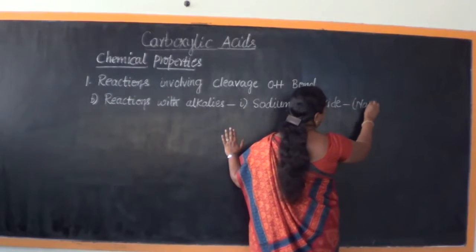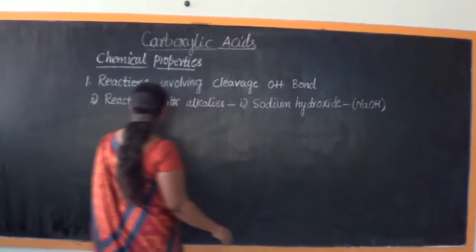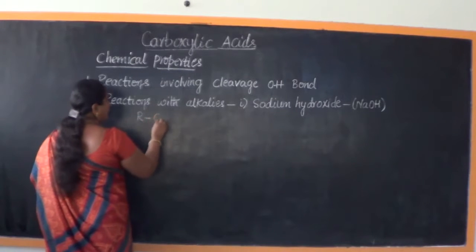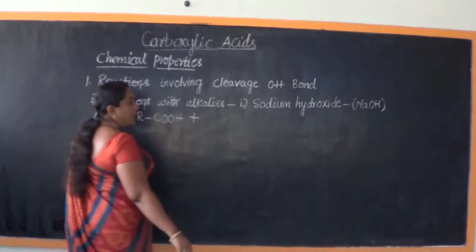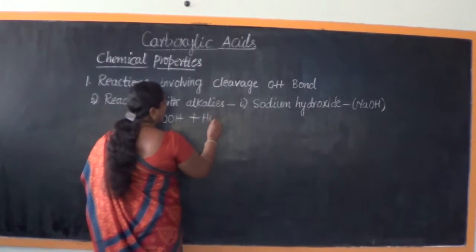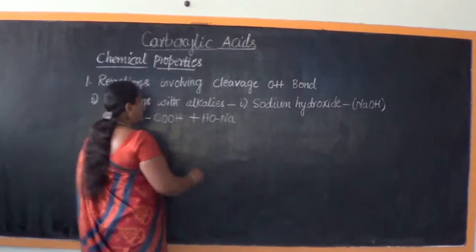So what is the formula of sodium hydroxide? NaOH. Let us see how the carboxylic acid reacts with this alkali. RCOOH reacts with sodium hydroxide. I write sodium hydroxide as OHNa.